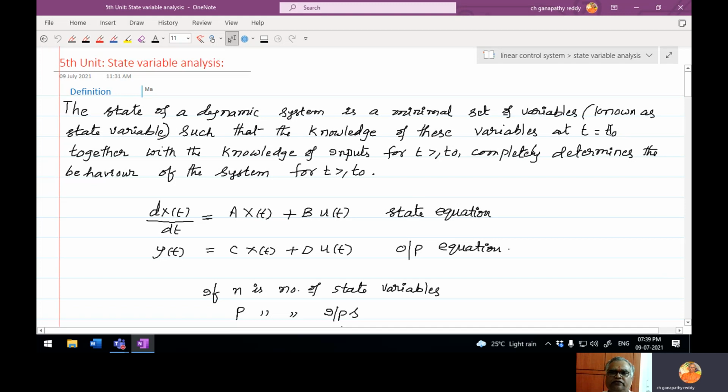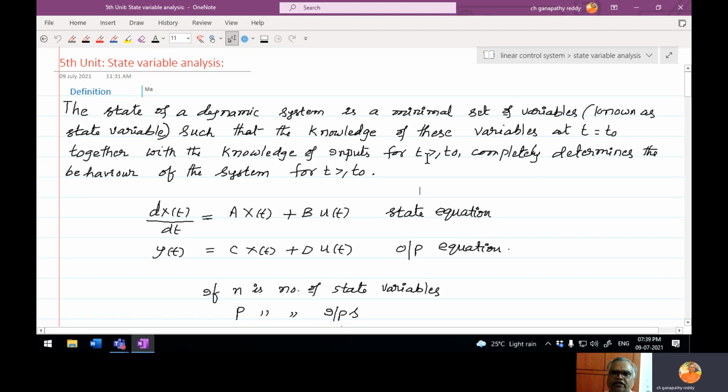together with the knowledge of inputs for t greater than or equal to t naught, completely determines the behavior of the system for t greater than or equal to t naught.